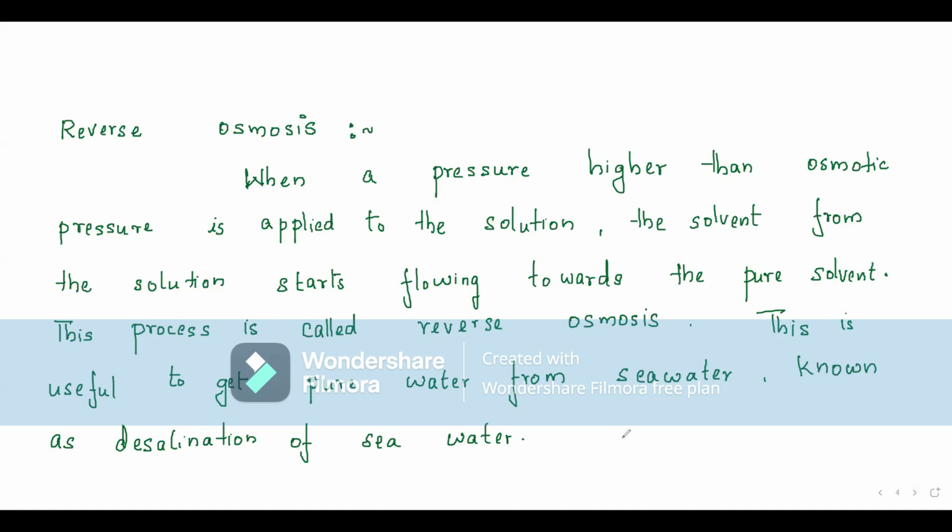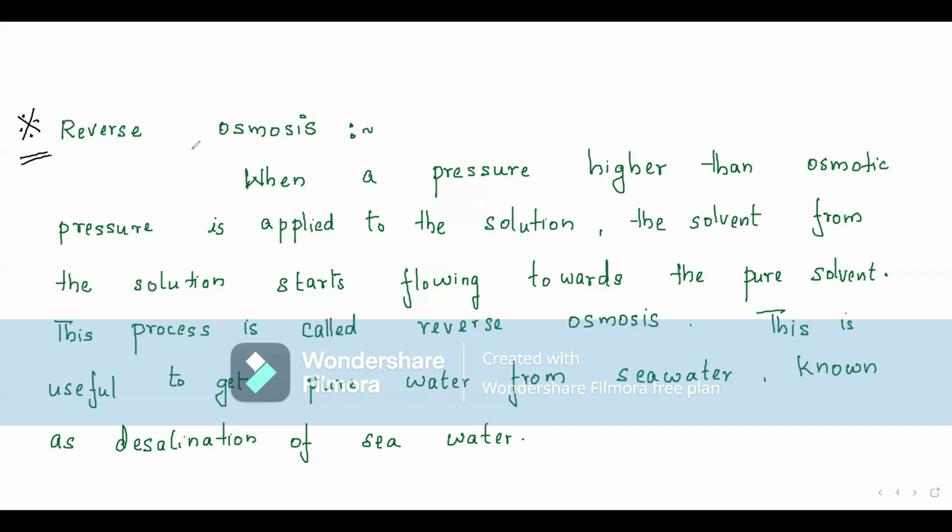Now, reverse osmosis is a very important phenomenon that we need to know. What is happening in osmosis? Through a semi-permeable membrane, solvent particles are flowing from dilute solution to concentrated solution.